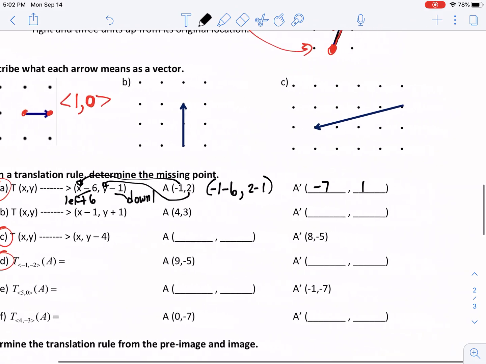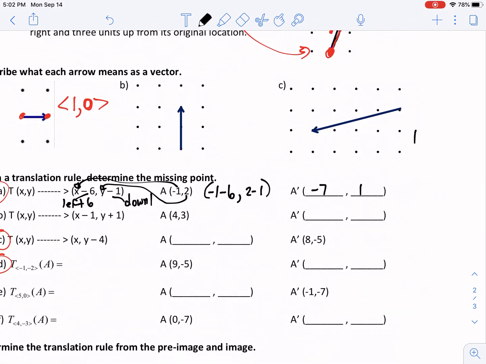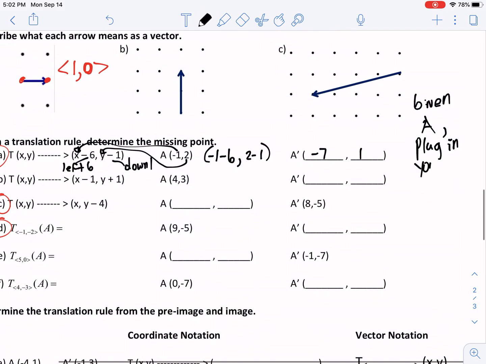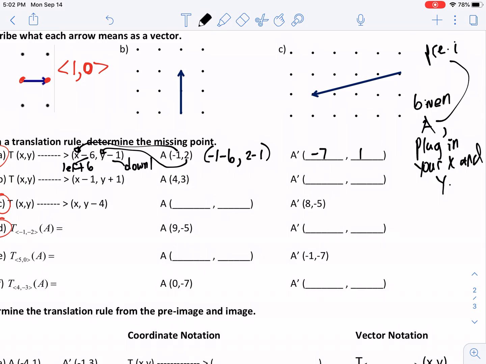So if you're given A, plug in your x and y. What I mean by A over here is we're talking about the pre-image, and all we have to do is plug in the x and y to find the image.